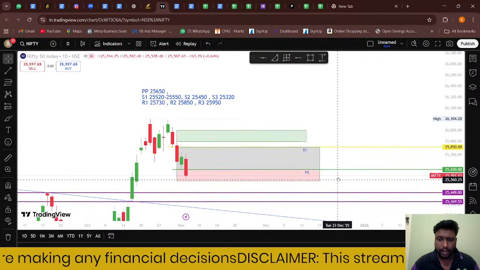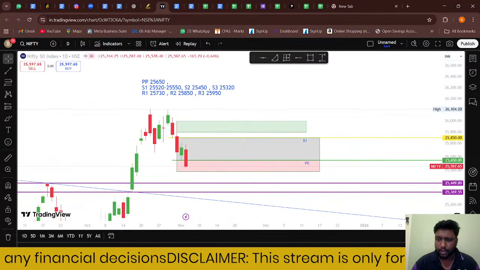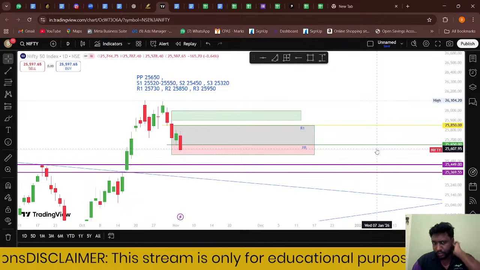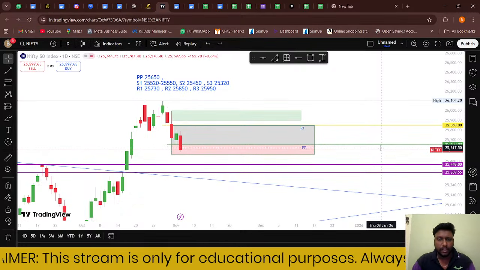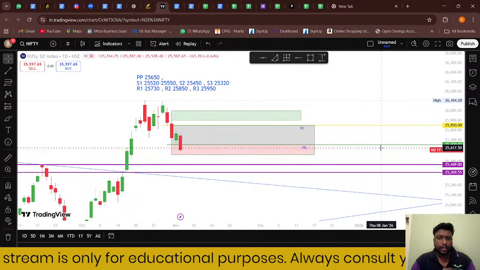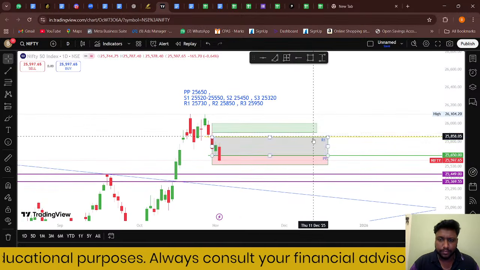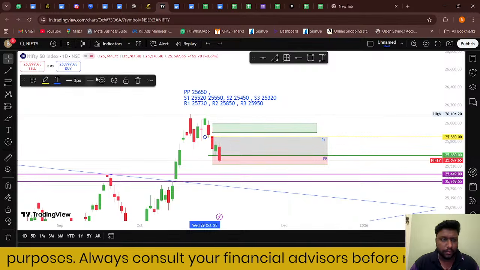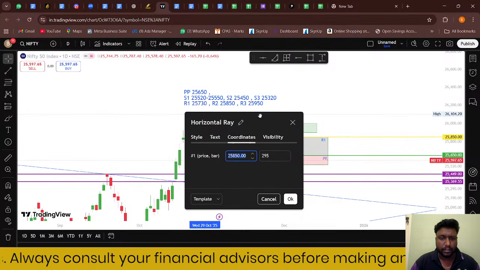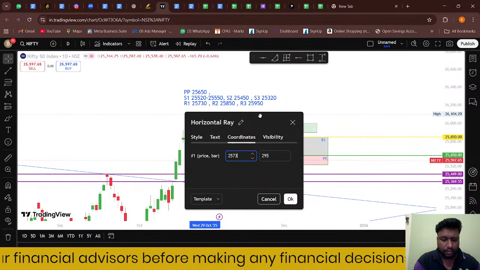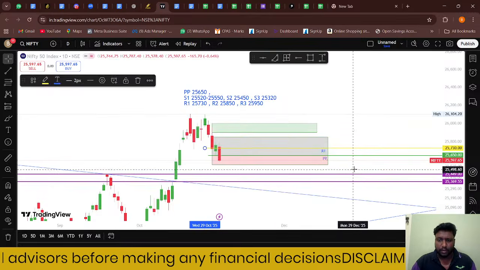Any movement below or above this pivot line with higher volume confirmation, we can definitely choose that direction for the momentum trade, and any other levels we will discuss after zoning this out. R1 we can also mark here. R1 is at 25,730. That will be our resistance 1.